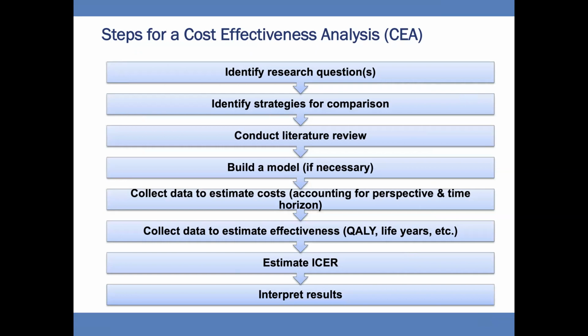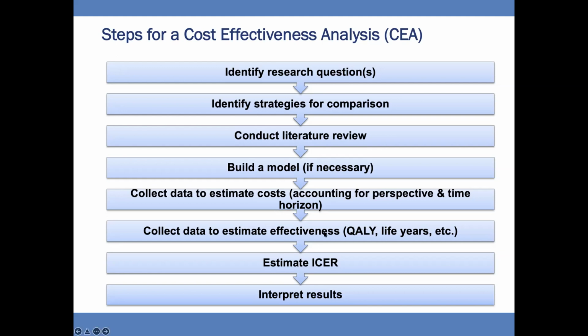But then, as I mentioned earlier, cost effectiveness analysis is all about comparison, right? So if you're interested in intervention A, the next step is to identify the comparisons. What strategy you want to compare, okay? So you need to identify your intervention of interest, and then the comparison intervention.